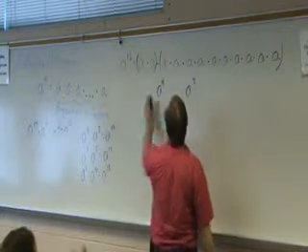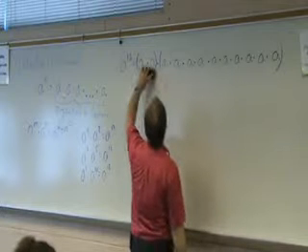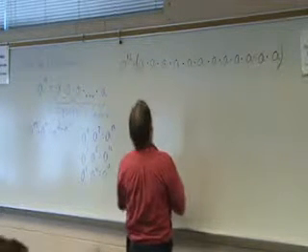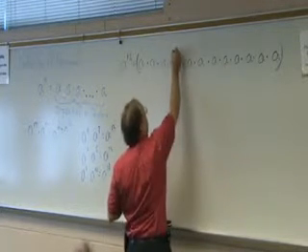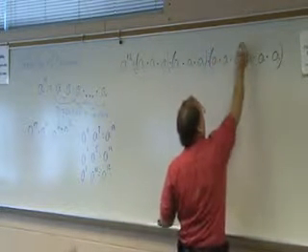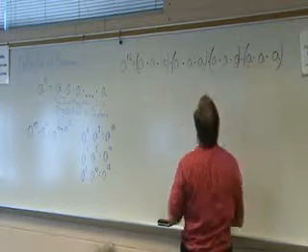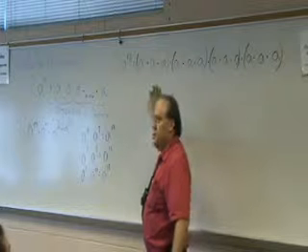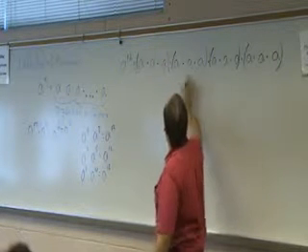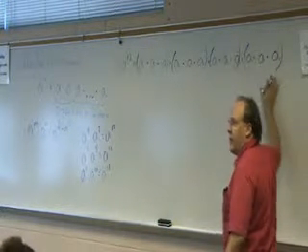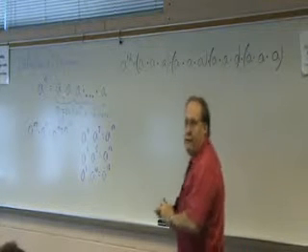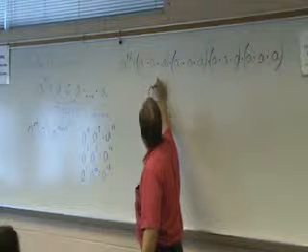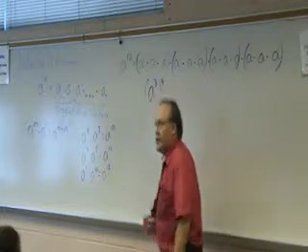Okay, let's try another thing here. Let's see, what do we have here? A to the third, a to the third, a to the third. So we have 4 factors of a to the third. So this is a to the third, and I've got 4 factors of that.